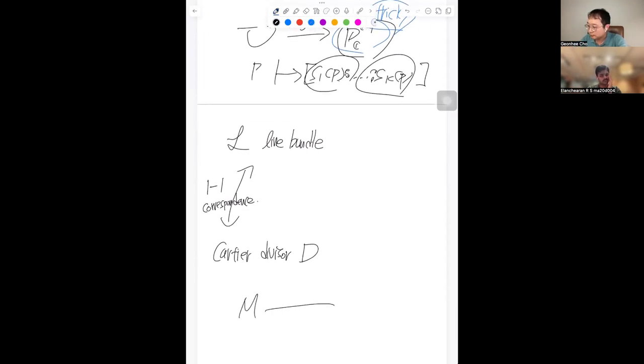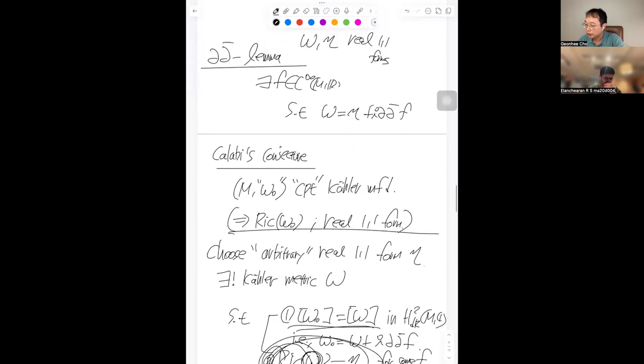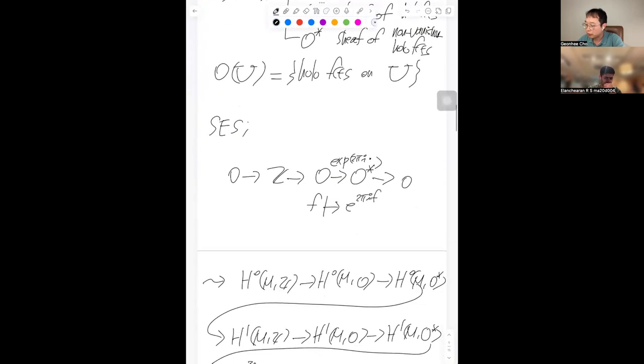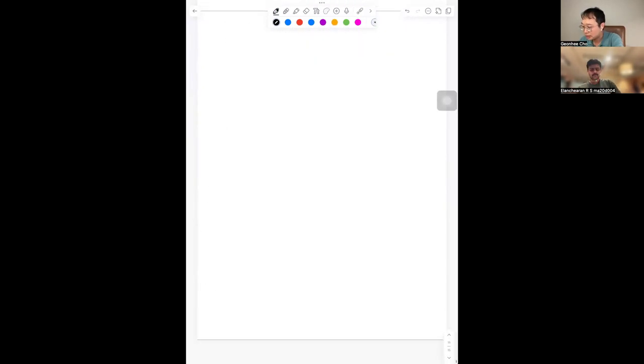So M, the data map, this guy is not this one. This is in fact coming from the following. There's also a one-to-one correspondence with the so-called invertible sheaf, because we were talking about the concept of the sheaf in terms of short exact sequences.